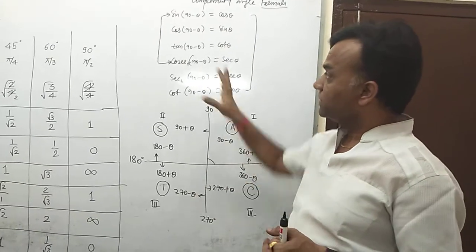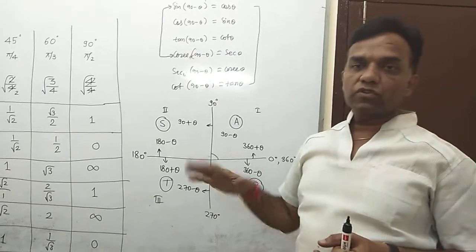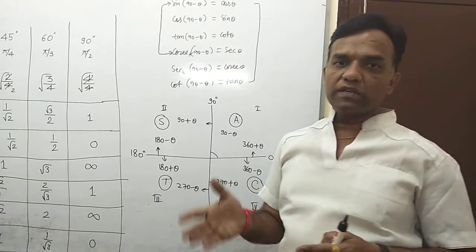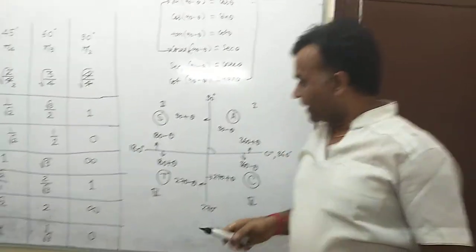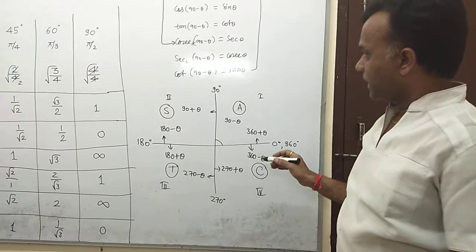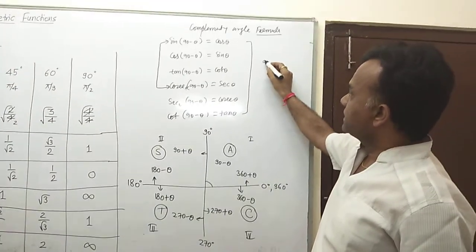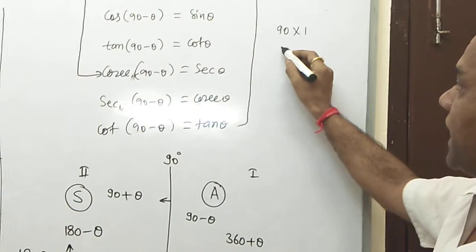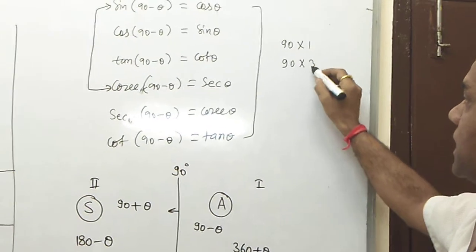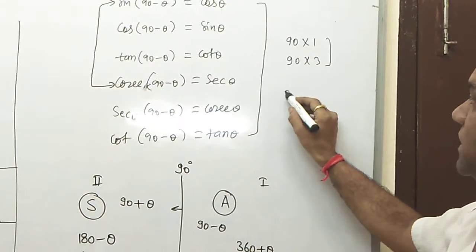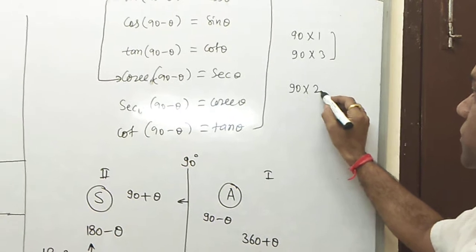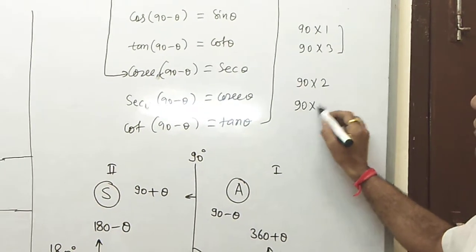But when trigonometrical ratios are changed, sin into cos, cos into sin, one memory trick to revise is 90 into 1 and 90 into 3. And then there are two cases, 90 into 2 and 90 into 4.